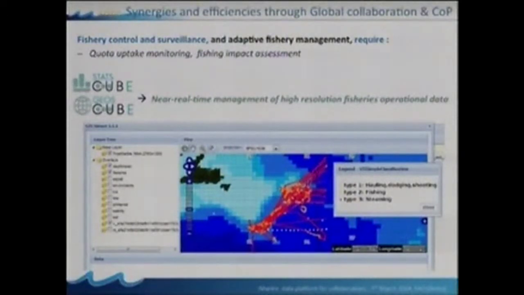And for that you need to be able to access near real-time, high-resolution fisheries operational data. And this is the example of VMS, Vessel Monitoring System, data sources, which are used in monitoring, control, and surveillance, and through which you can reproduce and monitor the tracks of vessels and where they are fishing.